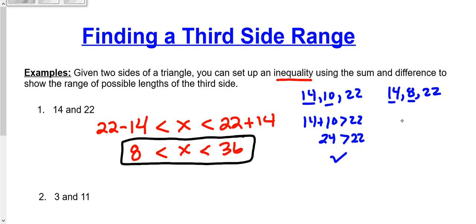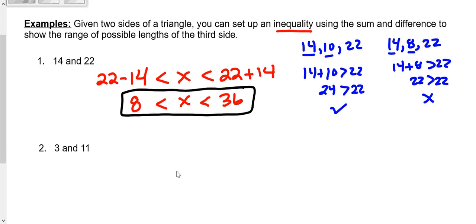Our two small numbers are 14 and 8. 14 plus 8 greater than 22? Well, that is 22, and remember, 22 can't be greater than 22. So that's why you can't pick 8. It's also the reason why you can't pick 36. You have to find numbers that are bigger than 8 and smaller than 36 so that the triangle inequality is true. In our next examples, we won't be testing it, but I tested it so that you could see why that inequality works.